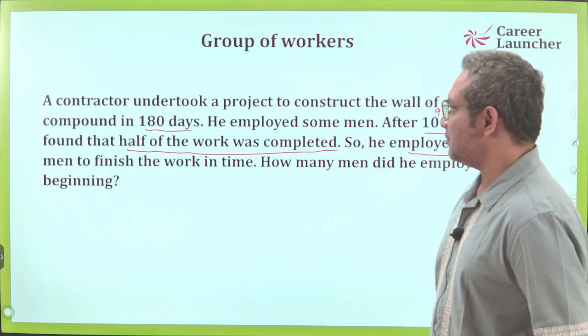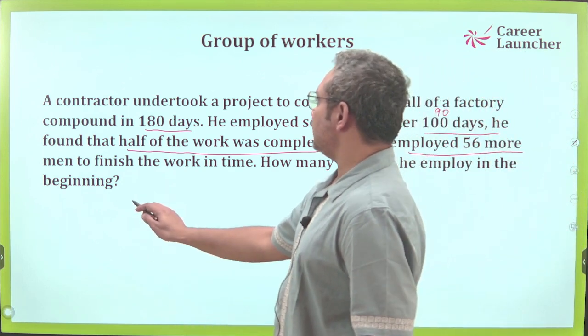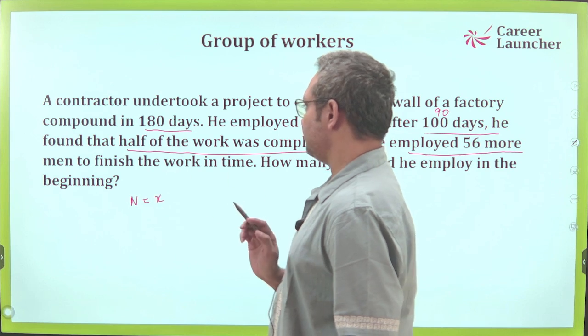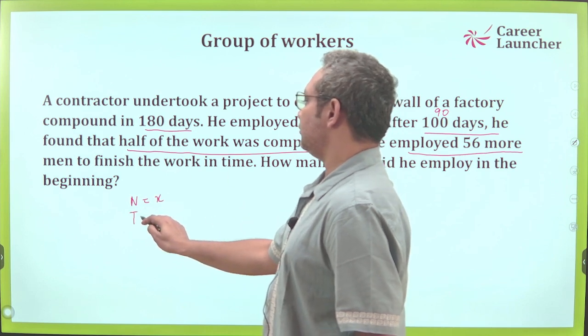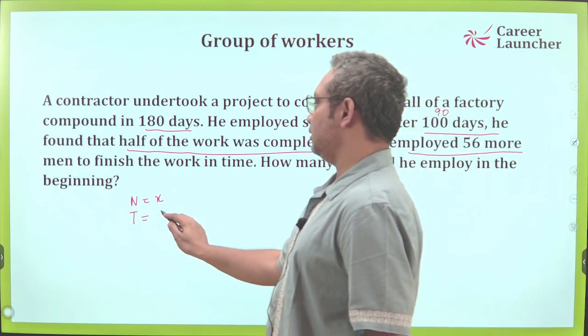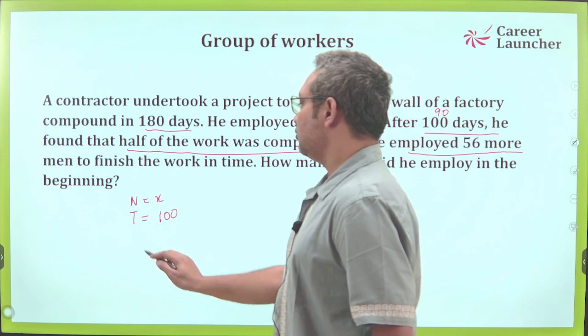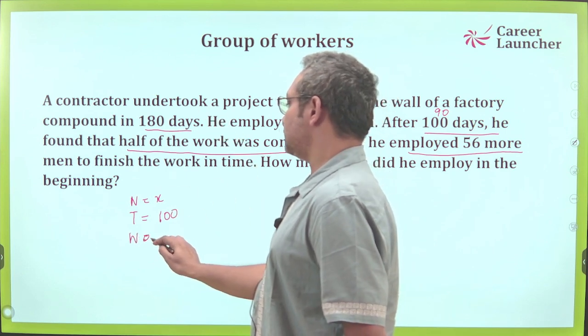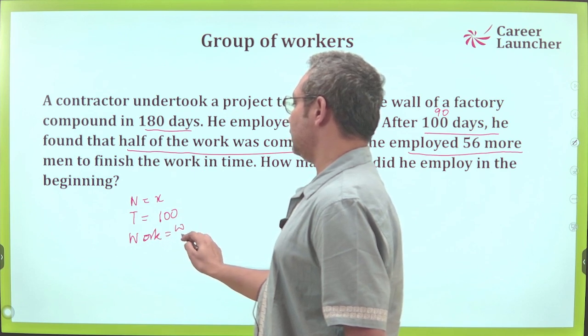So without thinking much, let us try to understand. In the first slot, let's say the number of people N be X, time is 100 days, since 100 days later, and the work completed, whatever the total work was, let us put it as W over 2.